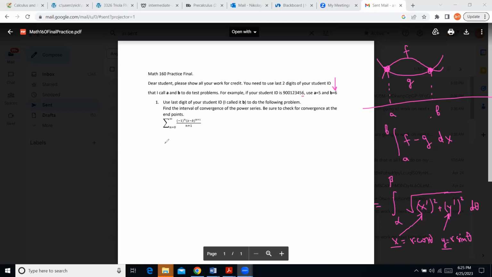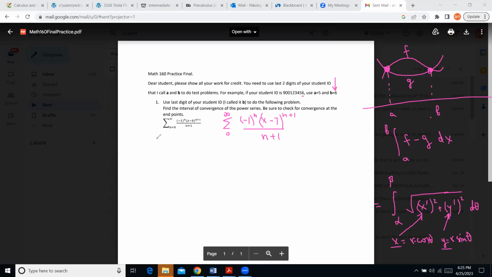So then the series is going to look like the sum from n = 0 to infinity of (-1)^n times (x - 7)^(n+1), divided by n + 1.